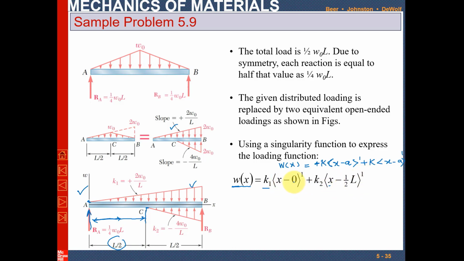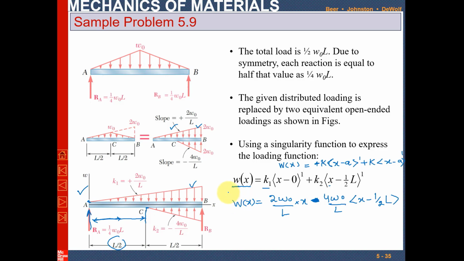So x minus 0 is equal to x, and power 1 will be equal to k1 into x, and the slope of this was 2w0 over L. So this will be 2w0 over L into x plus k2 is minus 4w0 over L into x minus 1 over 2 L. So this will be the loading equation.